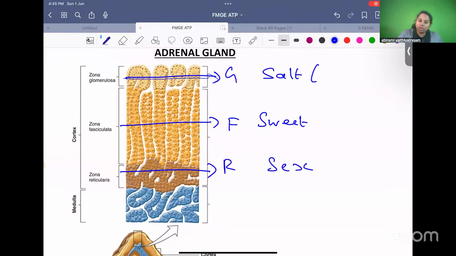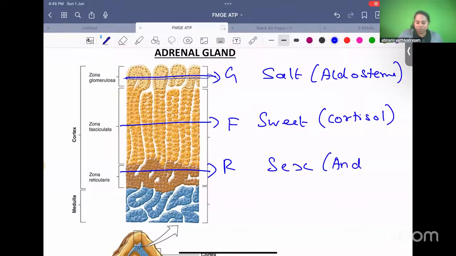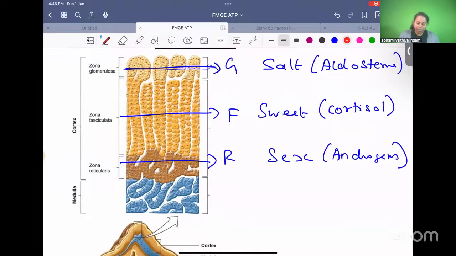The salt hormone is aldosterone. The sweet hormone is glucocorticoid. Gluco means sweet, so this is cortisol. What are the sex hormones? Androgens. So GFR produces salt, sweet, and sex: aldosterone, cortisol, and androgens.